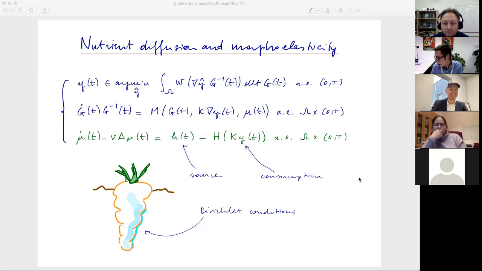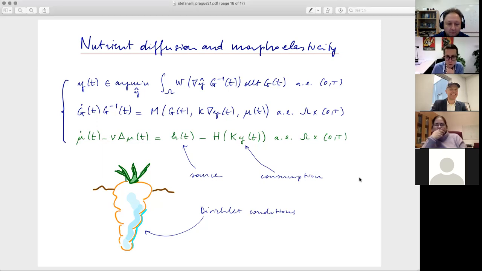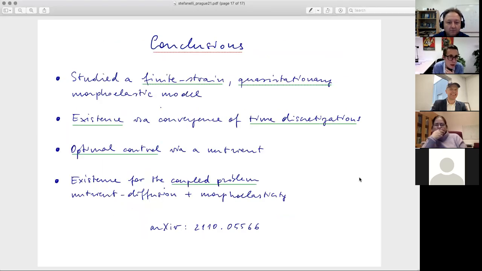All right, so I think I am at my final slide, at my final time as well. So here are my conclusions. We studied this finite strain quasi-stationary morphoelastic model. Again, we do not want to contribute to the discussion about this modeling, but just show that this kind of problem can be treated by classical analytical tools of continuum mechanics for inelastic problems.